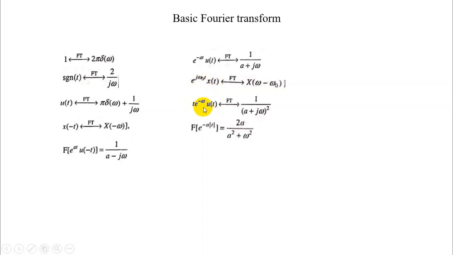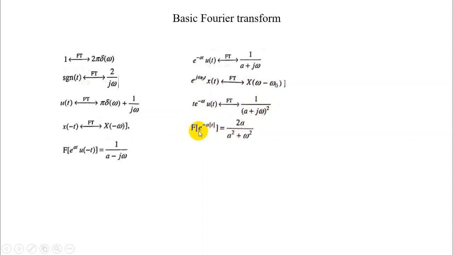So if we have to determine the Fourier transform of t to the power at u(t), then we simply can write 1 over (a plus j omega) square, as we have discussed in a previous lecture.